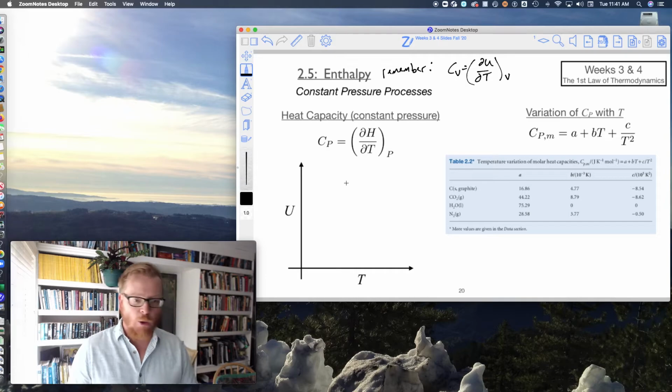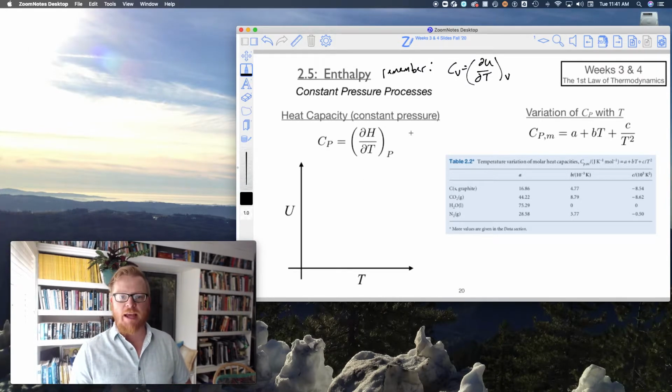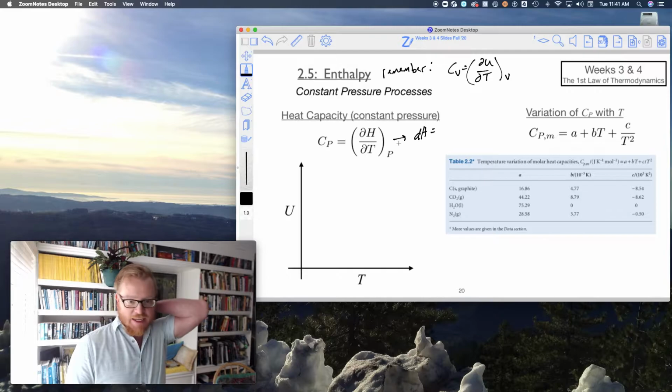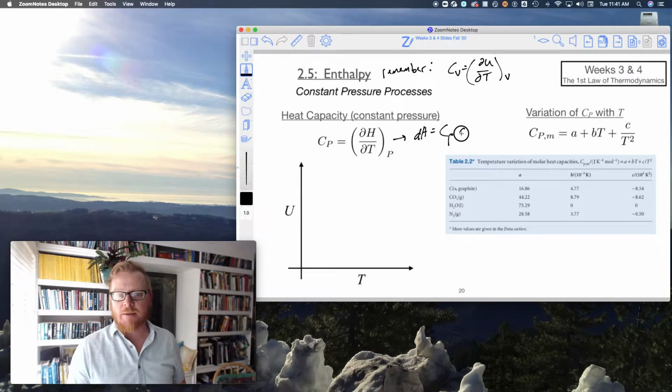Okay, so in the same way that I could expand this relationship, I could expand this relationship of partials. And I can simply say that, well, dH has to equal Cp times dT. Okay, so I can just do algebra with these partials, right?